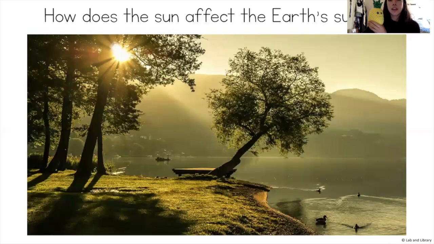So this says, how does the sun affect the Earth's surface? And I could ask my students what they think just to gain their understanding of what the question is. And they could say, the sun helps the trees grow. The trees need sunlight. The sun helps the temperature heat up.